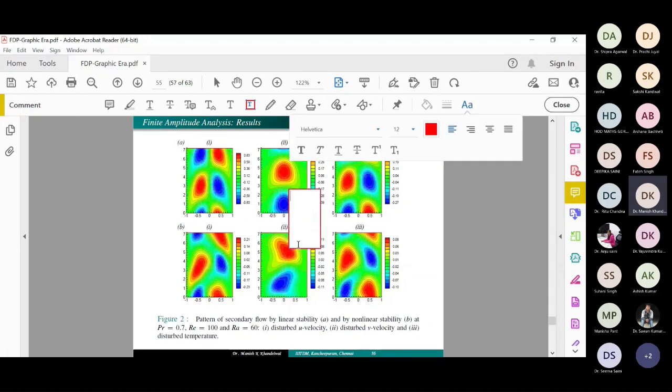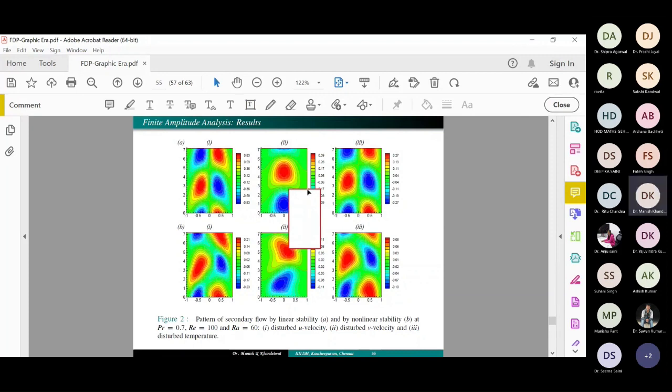You see the same parameters, then the flow goes this way. If this is the linear case, this is the non-linear case.